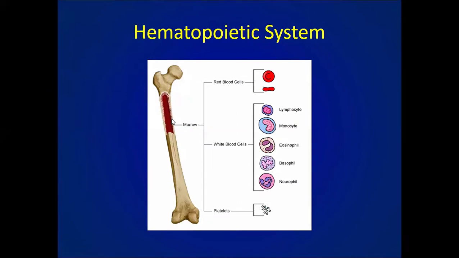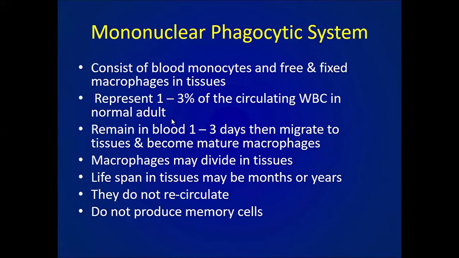Okay, so with regards to the hematopoietic system, again, primarily the stem cell originated in the bone marrow. So from the stem cell, if they are destined to become red blood cells, they first differentiate to become erythroblast, then leucoblast, and then the megakaryocytes for the platelets.